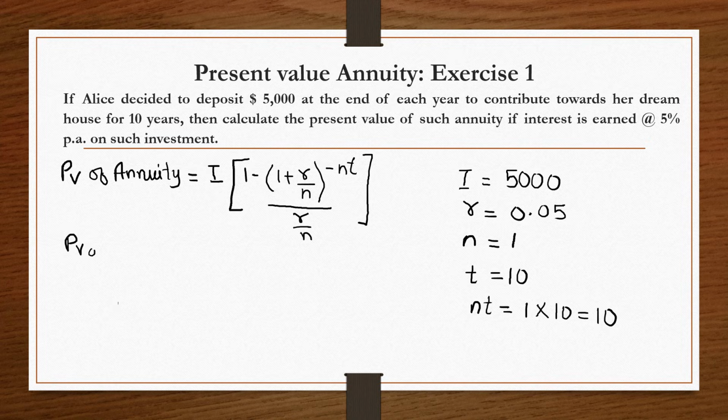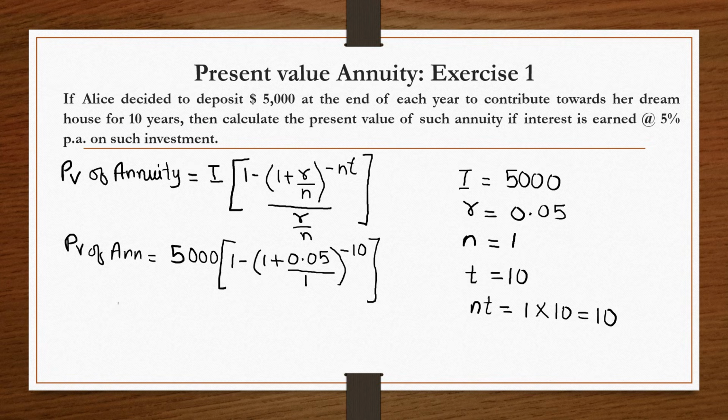So PV of annuity is equal to, what is my I? 5000, bracket 1 minus, again this bracket, 1 plus, how much is our rate of interest, 0.05 divided by N. N is 1, bracket close, power of NT, minus 10, this bracket close, again divided by R, 0.05 divided by 1.